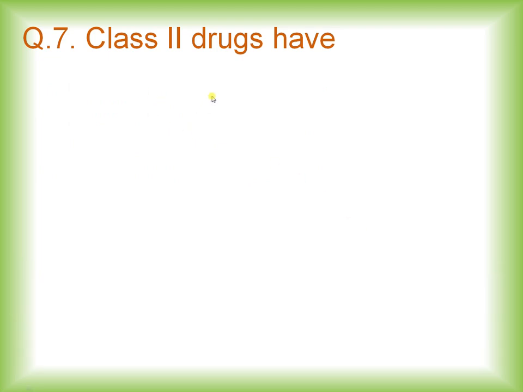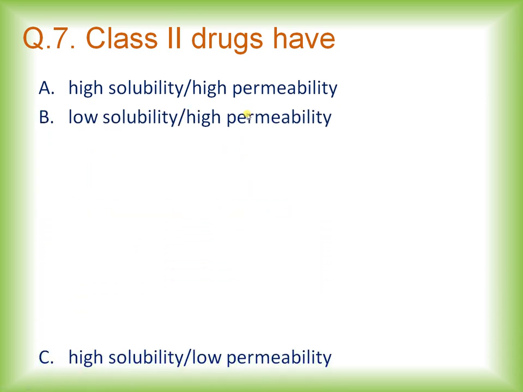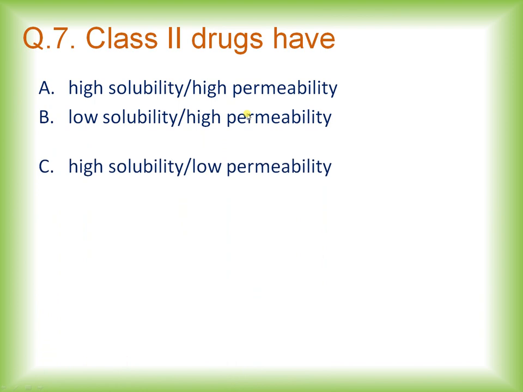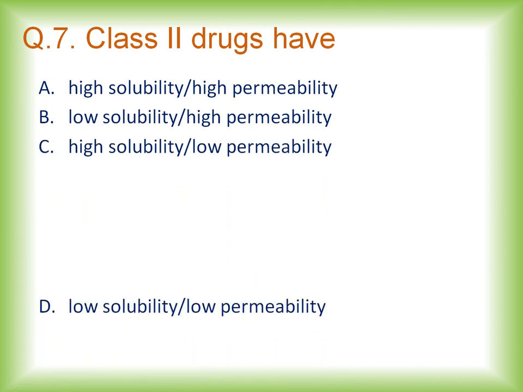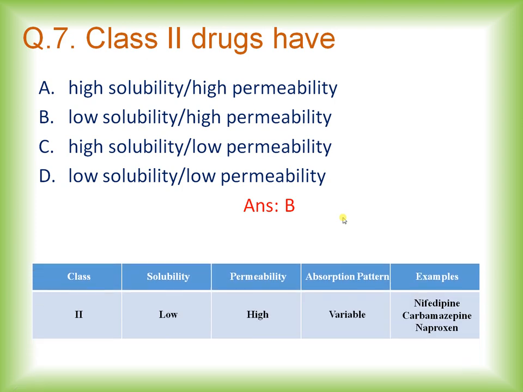Next question. Class 2 drugs have: high solubility, high permeability; low solubility, low permeability; high solubility, low permeability; low solubility, low permeability. And the right option is option B, that is low solubility, high permeability.